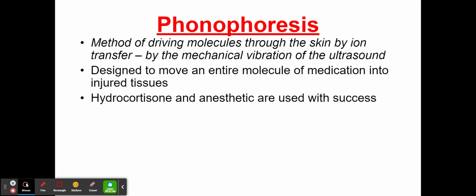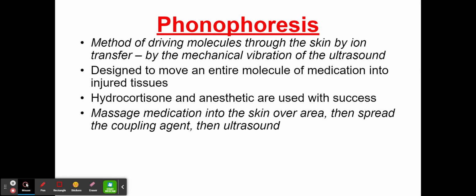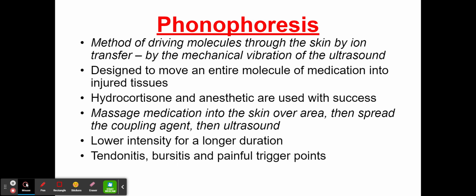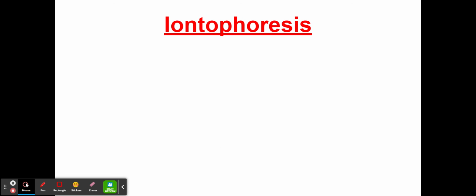What we do is massage the medication into the skin, then put the ultrasound gel on, then do ultrasound to deliver those molecules into the skin. We use a lower intensity if we want a longer duration. We can use it for tendinitis, bursitis, and different trigger points within our muscles.